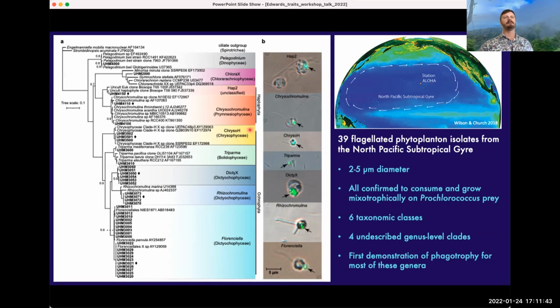There's a clade of chrysophytes that has been described from sequence data as clade H, so I'm calling that Chryso H. There's Chrysochromulina, which is a haptophyte, another undescribed haptophyte clade called Hap2, and an undescribed chlorarachniophyte clade called Chlor-X. And then we've got one dinoflagellate, Plagiodinium. There's a lot of diversity here that hasn't been isolated before, and for most of these groups, they've not been shown to do phagotrophy before, although it's probably suspected for a lot of them.